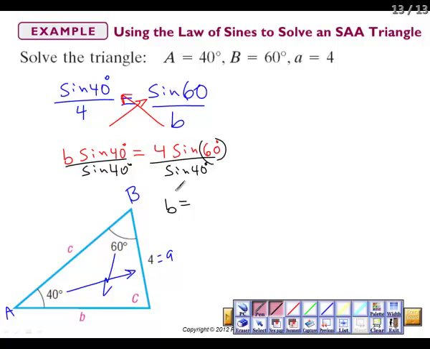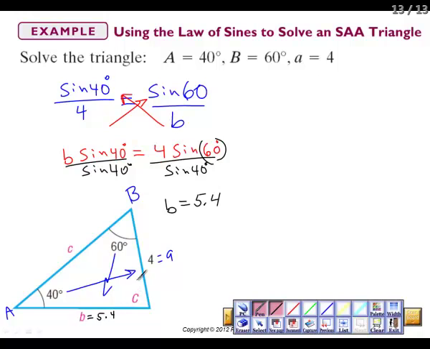Of course, we checked to make sure we were in degrees mode, and we get 5.389185421, and it goes on and on. It's an irrational number, so we're going to say that this is 5.4 for side B.